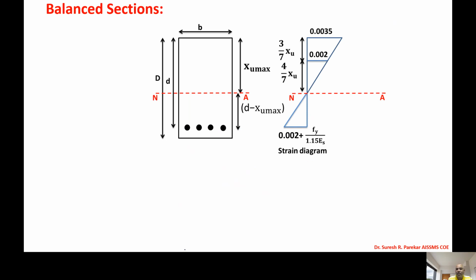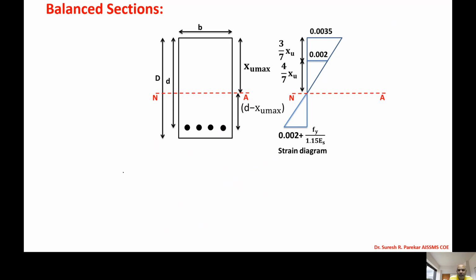So for a balanced section, we get both values satisfying simultaneously. Already we have seen this strain diagram, and from this we are going to calculate the balanced section.